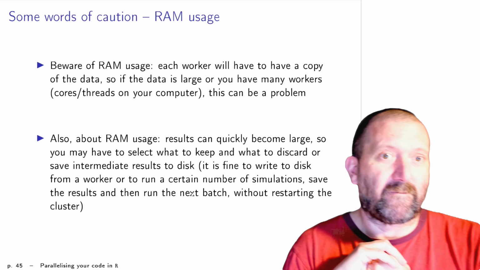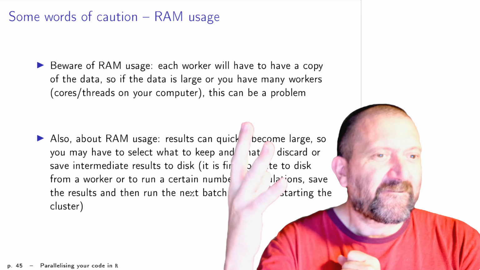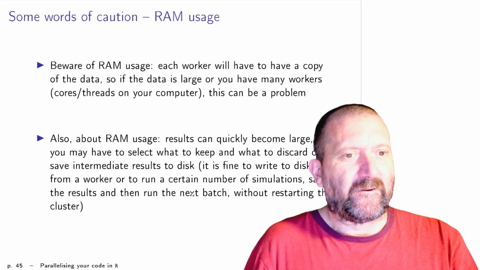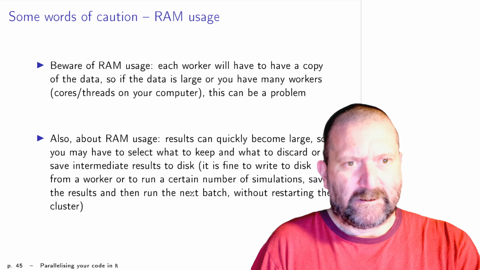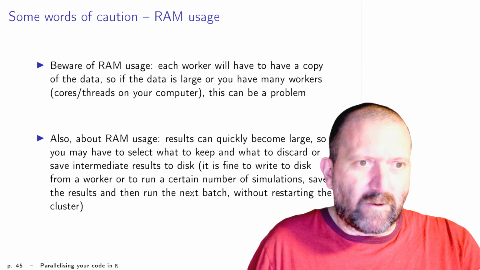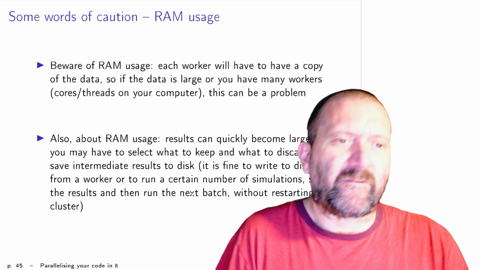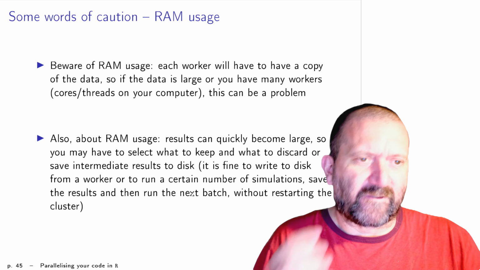Another problem that arises is because of RAM usage. So each worker needs a copy of the data. If your data is quite big, it often happens that to run some computations you need a variable that's a gigabyte or something like this.